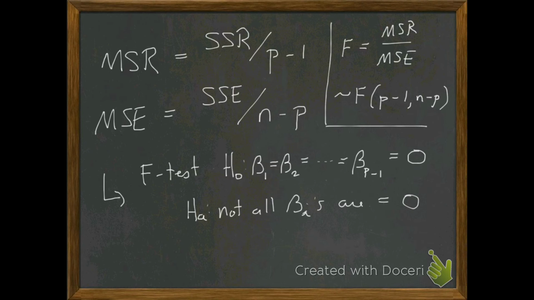Now, when we want to talk about the variation explained from our predictors, we look at the coefficient of determination. The easiest way to look at this is the sum of squares for the regression over the sum of squares for the total. Now, this is really okay when we have one predictor.